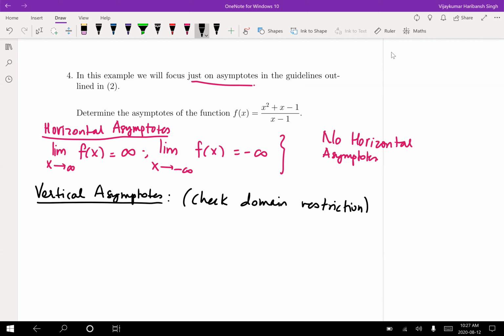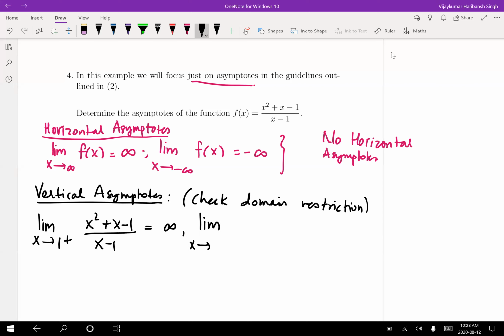The domain is all real numbers except 1. So there's a possibility at 1. So the limit as x goes to 1 plus of (x squared plus x minus 1) upon (x minus 1). Now the top is fixed. When x goes to 1, the top goes to 1. The denominator goes to 0 from the right, so it goes to 0 plus. This is going to be infinity.